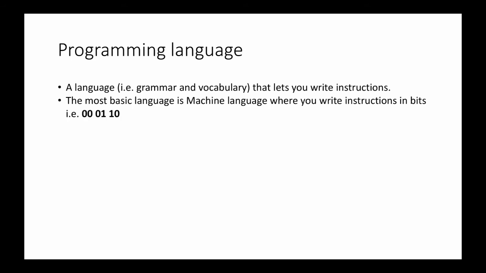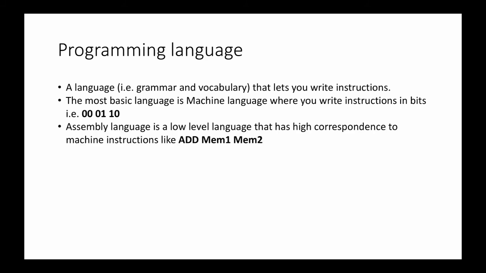The most basic language is machine language, which is nothing but the binary language, and you can write instructions in bits. But as I mentioned, it gets very difficult when you start writing very complex code. So this is called a low level language. Now, the next language you could look at is assembly language. Assembly language is also a low level language, but you do not need to write the instruction directly in bits.